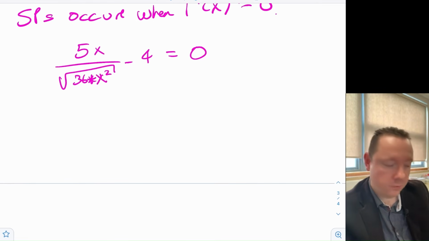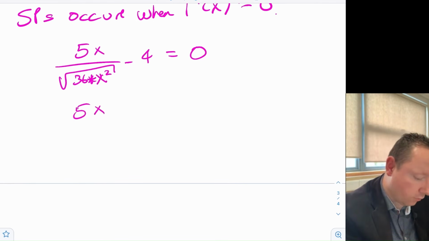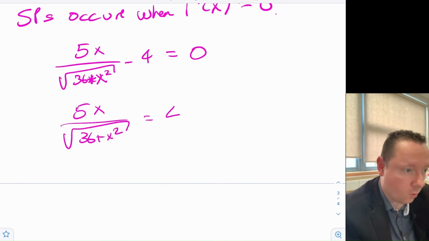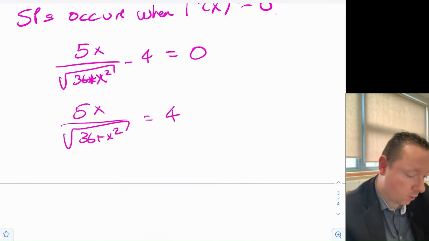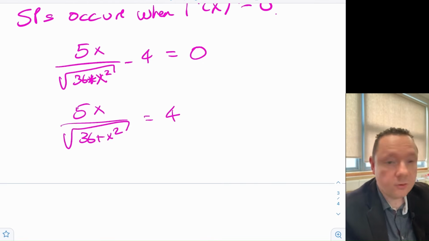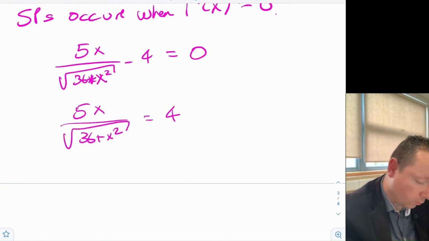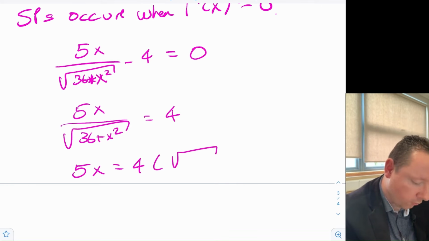Okay, moving the 4 to the other side, we get 5x over the square root of 36 plus x squared equals 4. And then we can multiply through by the denominator. In other words, 5x equals 4 times the square root of 36 plus x squared.